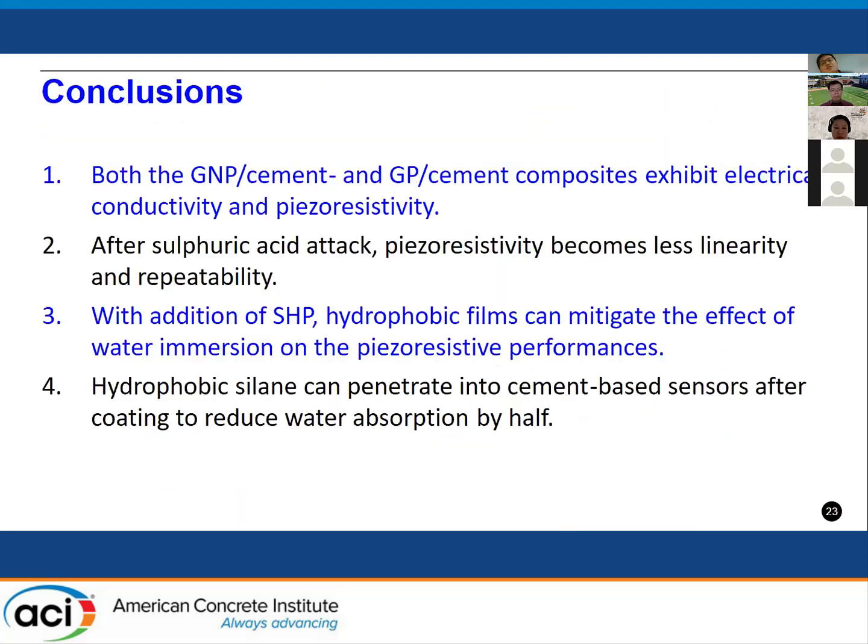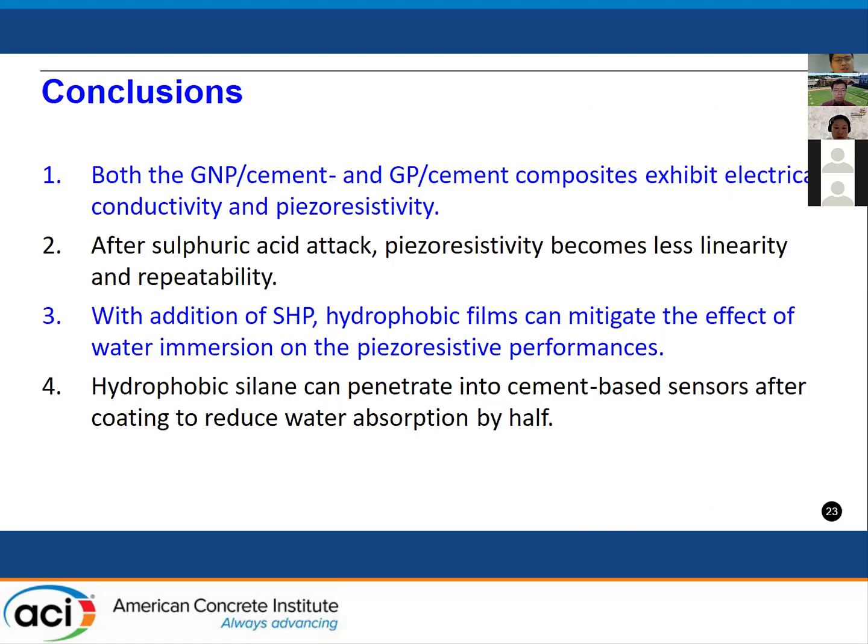Now here we come to the conclusions. Firstly, we can see both the GNP cement composite and GP cement composite exhibit conductivity and piezoresistivity under external loading and environmental actions. Secondly, after sulfuric acid attacks, the piezoresistivity becomes less linear and repeatable.